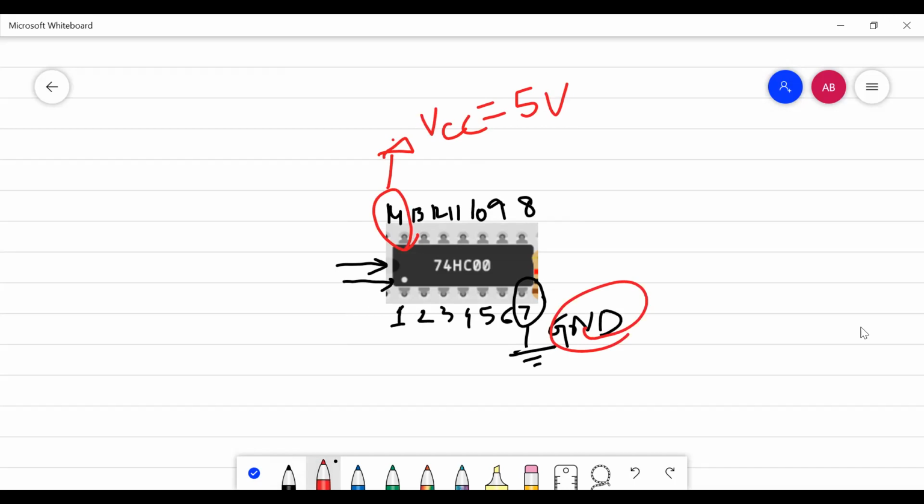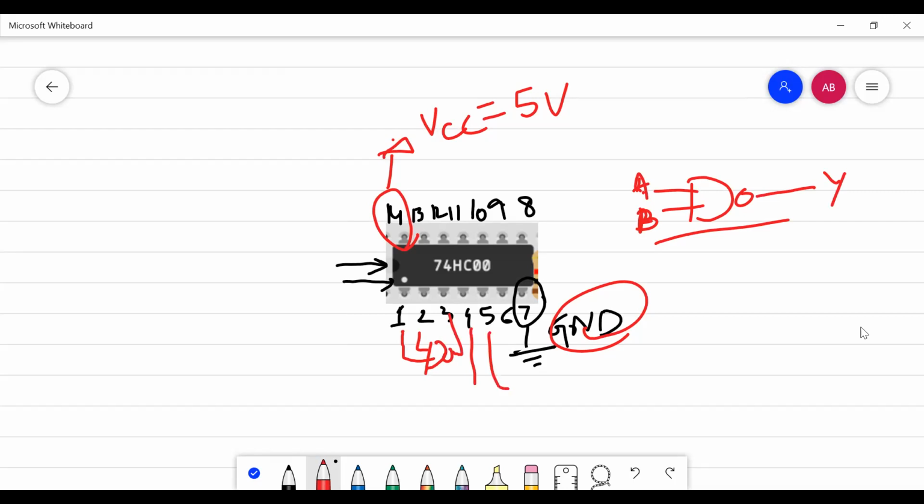And now how the NAND gates are there: if you all remember, the NAND gate symbol is just like this. That means there are 2 inputs, 1 and 2, or you can say A and B as we discussed in the truth table, and this is your output Y. So in this circuit, 4 NAND gates are there. 1 and 2 are the inputs and 3 is the output.